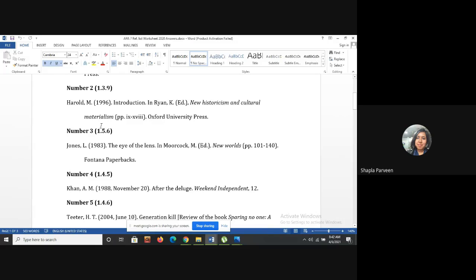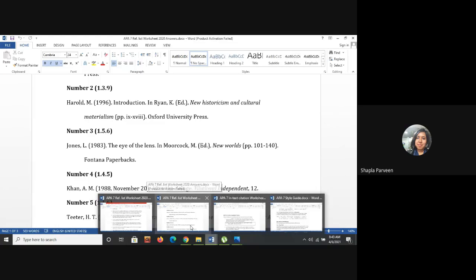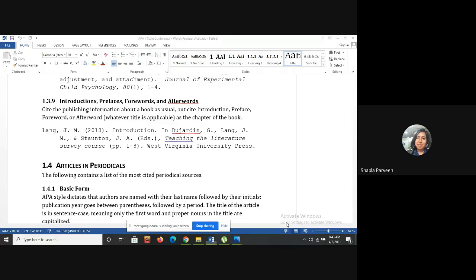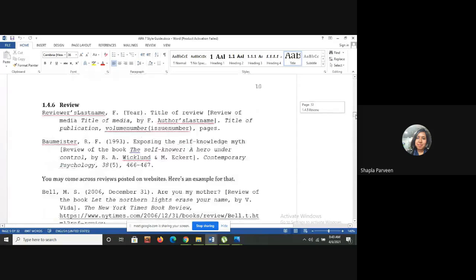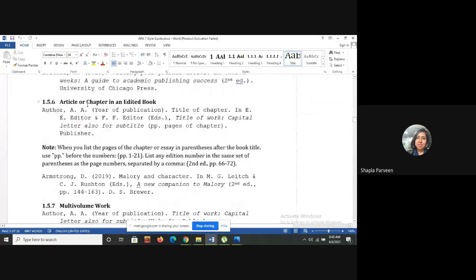Okay, so you can check rule number 1.5.6. This rule is for an edited book in an anthology. So we just double check that in the booklet. Rule is 1.5.6. Okay, here. Article or chapter in an edited book.